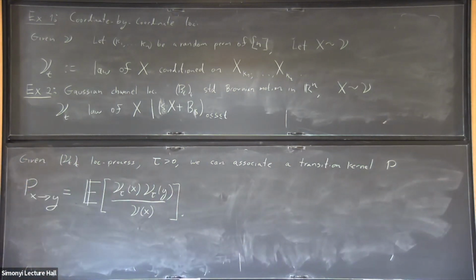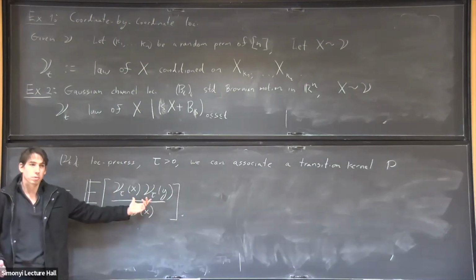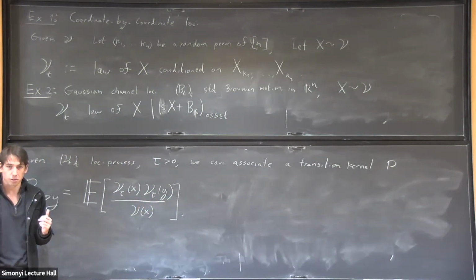Let me pause for a second. A localization scheme assigns a process like this to any measure. Now, given the process, I can just use this formula, which gives me a transition kernel. So a localization scheme can assign to any measure some transition kernel, and I claim that the measure is stationary with respect to this transition kernel.